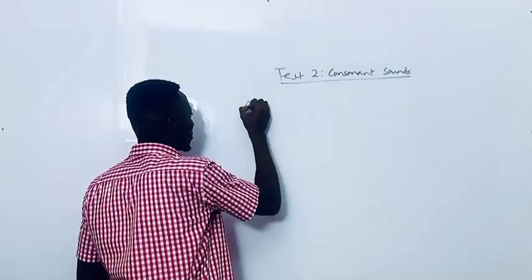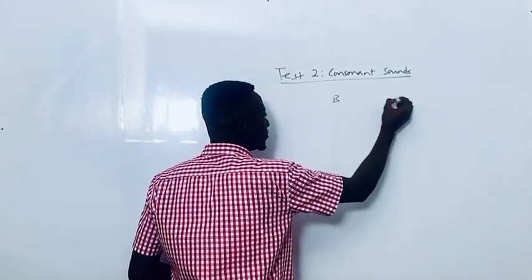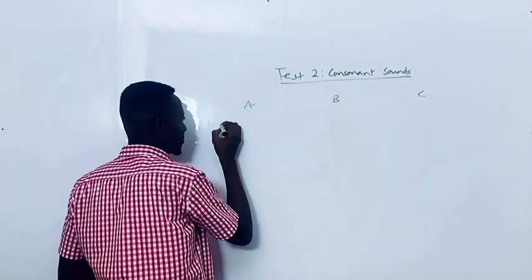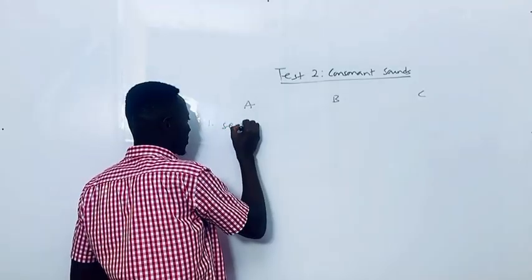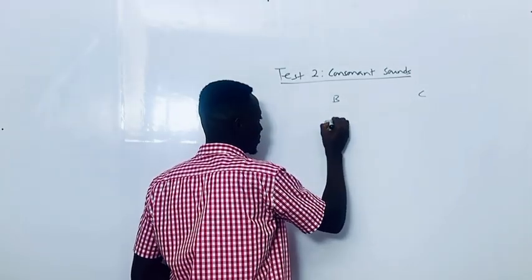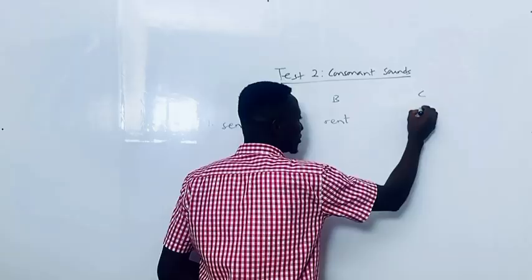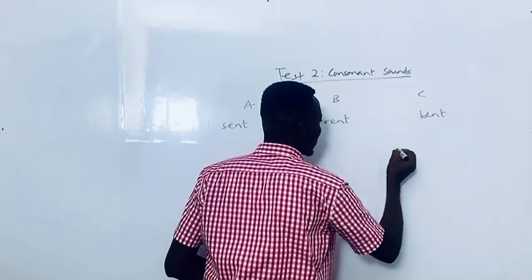Number 1, option A here, B here, C here. Then this is sent, rent, bent.